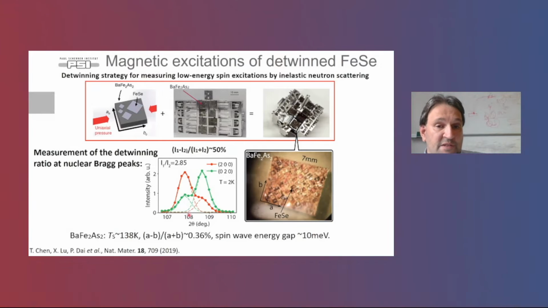So here you see how these neutron scattering groups measured the detwinning ratio with the help of a monitor nuclear Bragg peak, and they found that they have a detwinning ratio of approximately 50%.